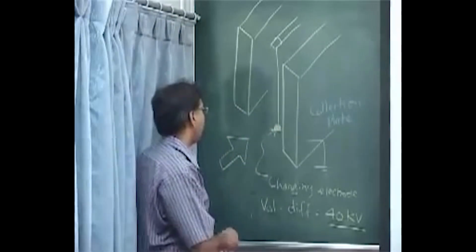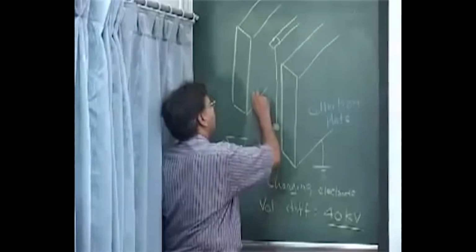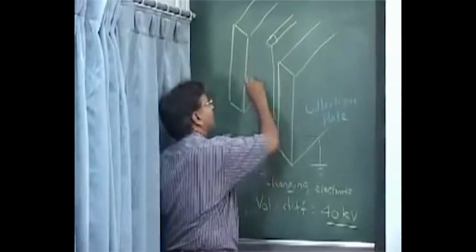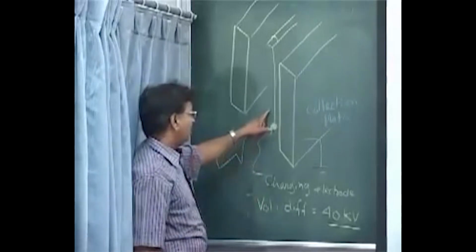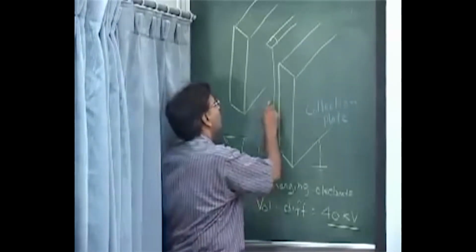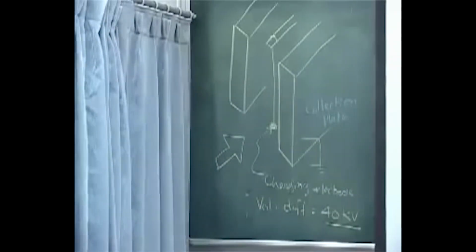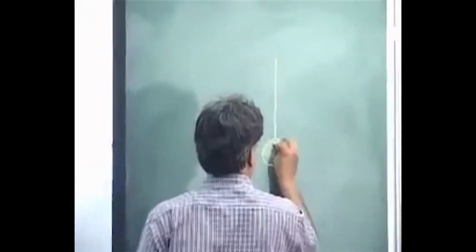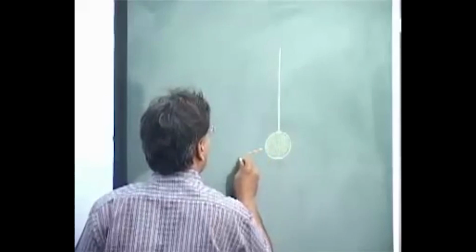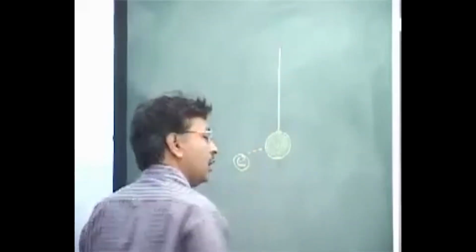Now what happens is your space is filled by the dirty gas with the particles and everything. There will be some stray electrons in the gas stream.